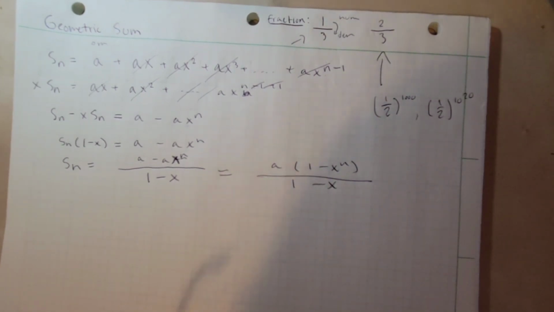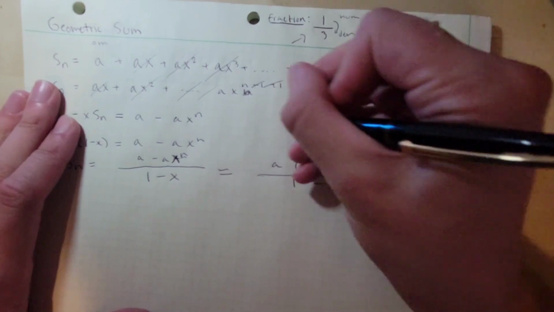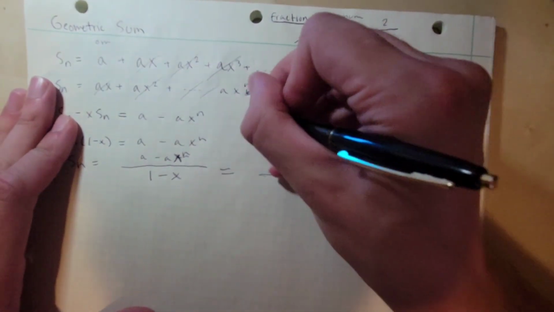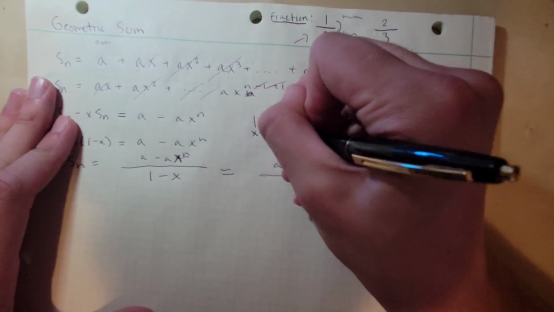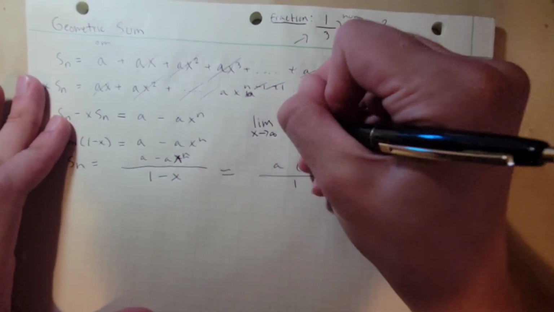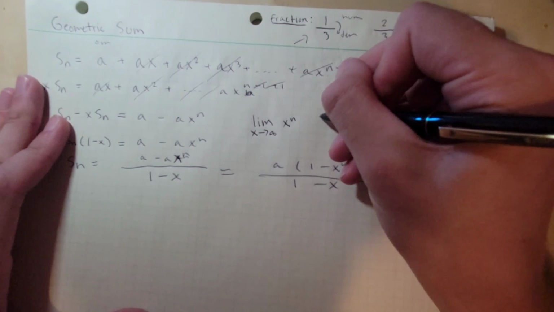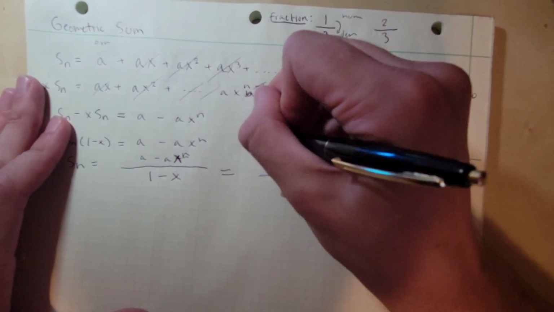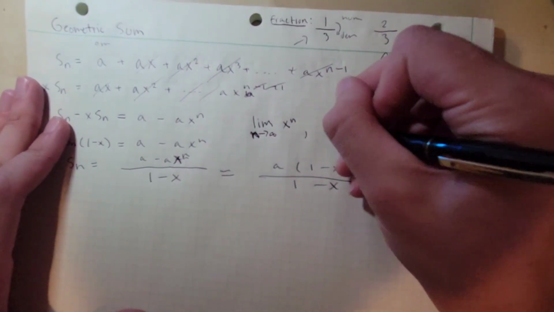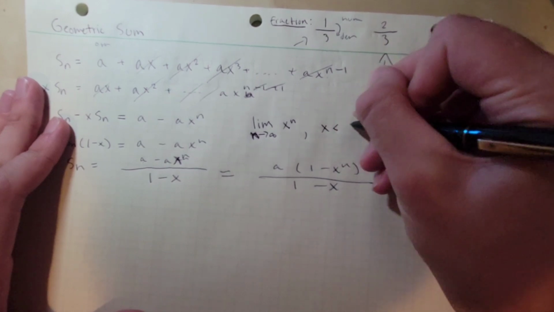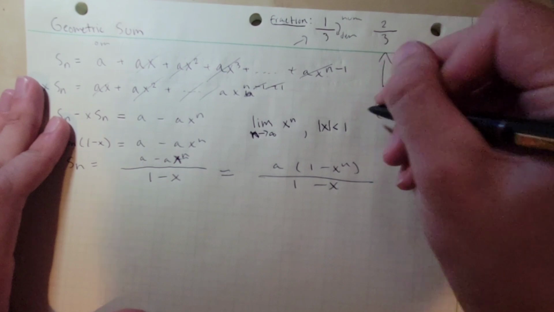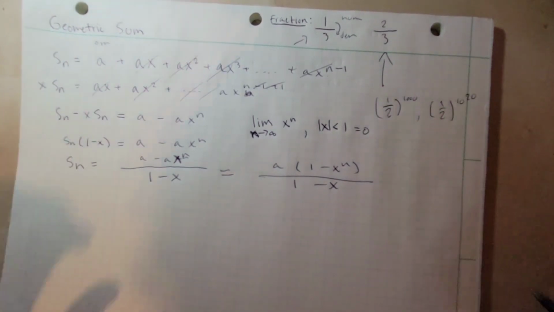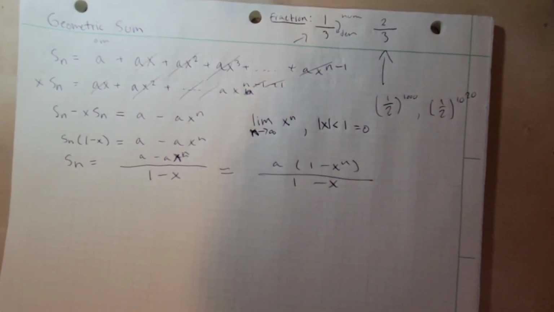So we can say that more formally as the limit as n goes to infinity of x to the n, where the absolute value of x is less than 1, equals 0, because it gets smaller and smaller every time.